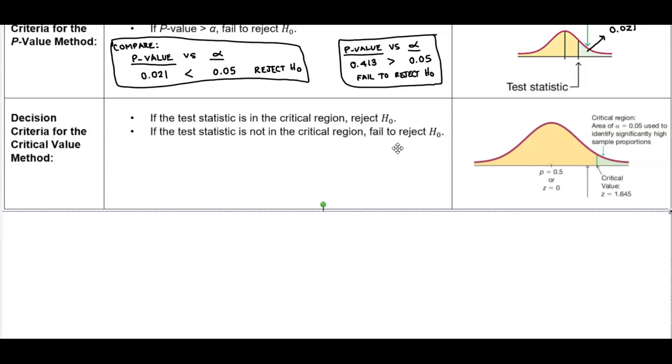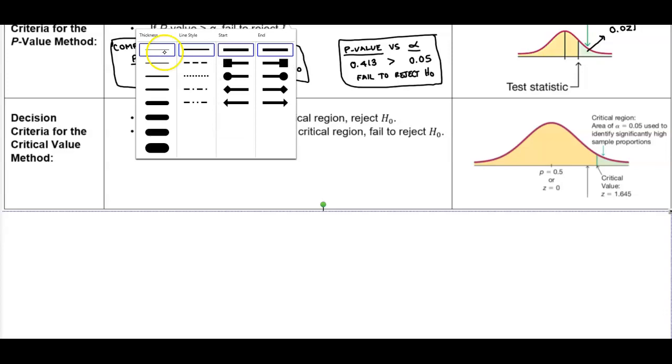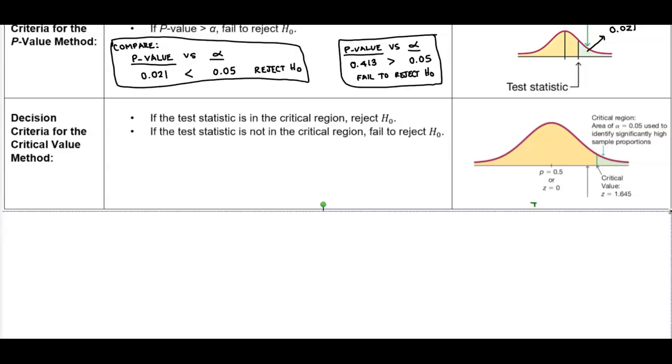Okay, let's say that we have a test statistic. Okay, now a test statistic can also be a z-score. Okay, so let's say that we have the test statistic, and let's say in this scenario z is equal to 1.25.